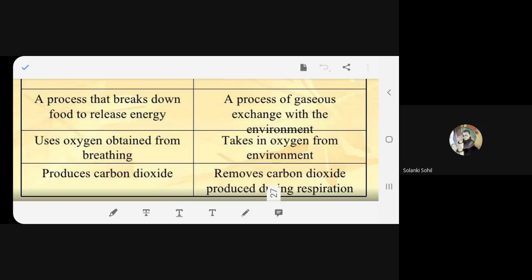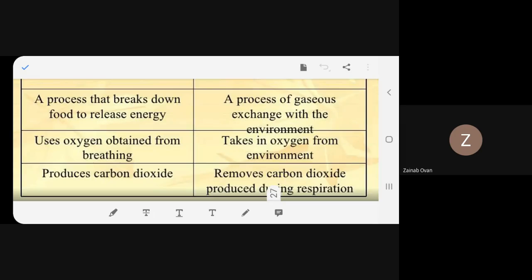So it is using oxygen, right? Respiration is using oxygen. So obviously, what is going to be the byproduct? What is it releasing then? Read, beta. Respiration produces carbon dioxide. Breathing removes carbon dioxide. When it is using oxygen, obviously with energy, carbon dioxide is released, isn't it?